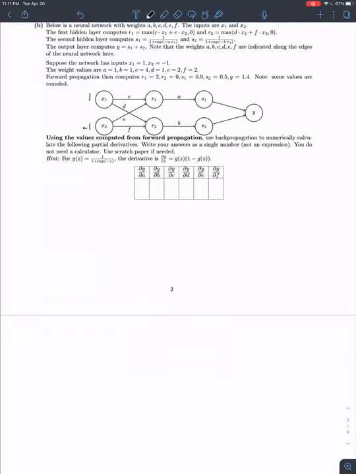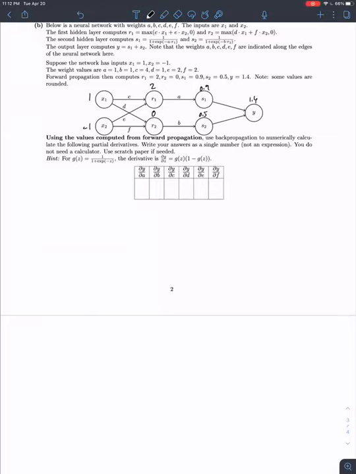We have these values for A, B, C, D, E, and F. And in forward propagation, R1 is 2, R2 is 0, S1 is 0.9, S2 is 0.5, and Y is 1.4. Now using these values from forward propagation, we want to use backpropagation to numerically calculate the following partial derivatives. Write your answers as a single number. You do not need a calculator. Use scratch paper if needed.